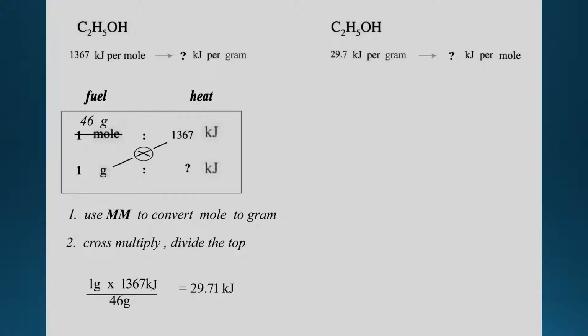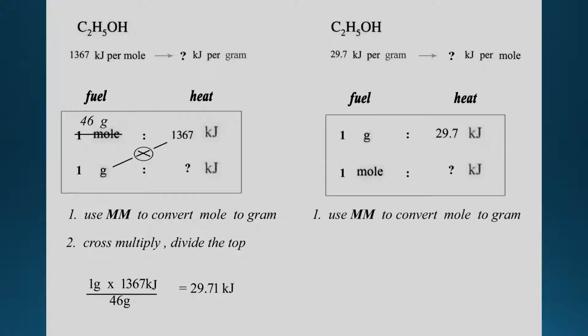What if I want to convert kilojoules per gram into kilojoules per mole? First, find out the molar mass using the periodic table. So you must know the molecular formula. If you don't know the molecular formula, you cannot do it.